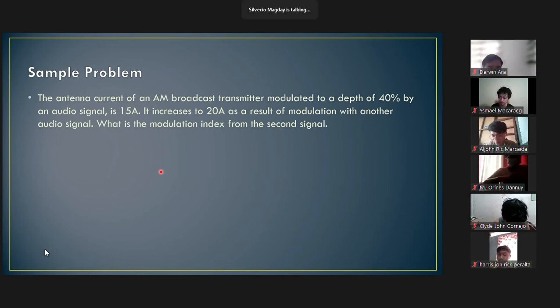The current of an AM broadcast transmitter modulated to a depth of 40% by an audio signal is 15 amperes. It increases now to 20 amperes as a result of modulation with another audio signal.